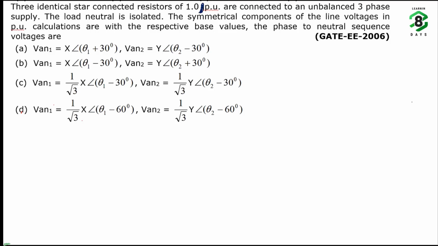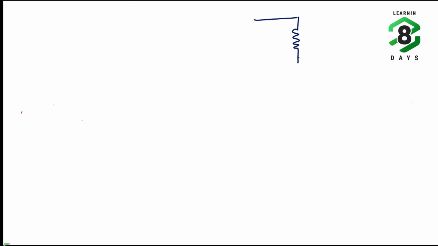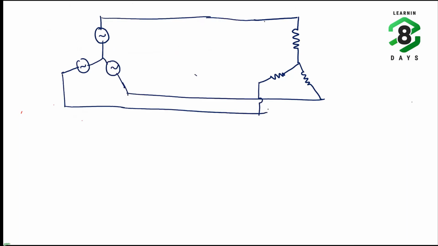The symmetrical components of line voltages in per unit calculations, with respective base values, the phase to neutral sequence voltages are given. Identical star connected resistors are connected to a 3-phase source which is unbalanced. Okay, so here the load neutral is isolated.